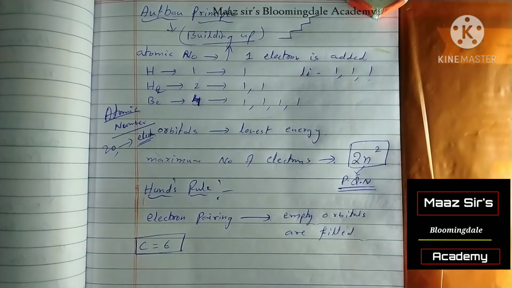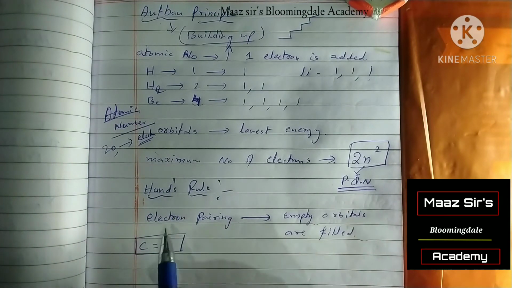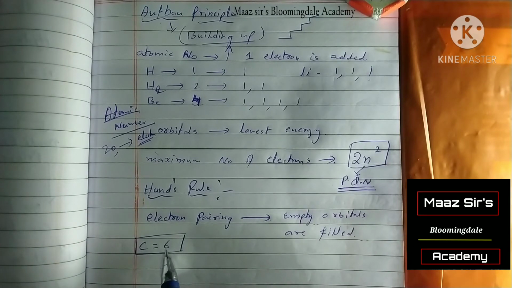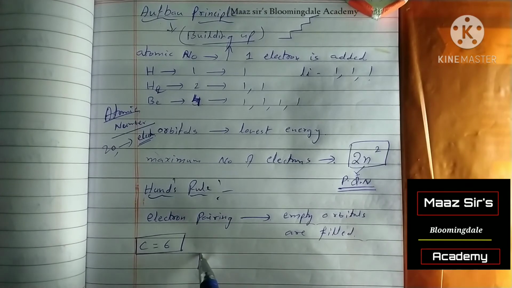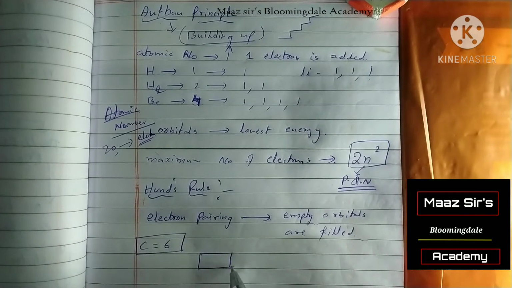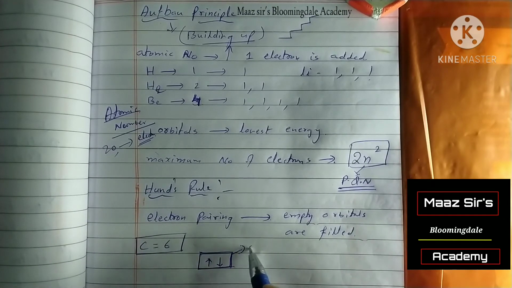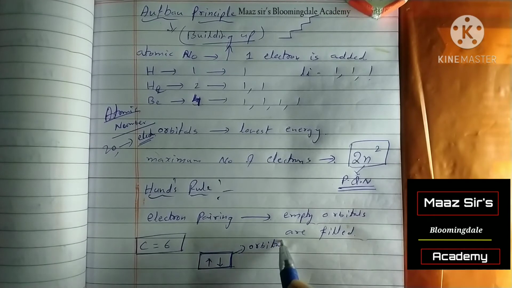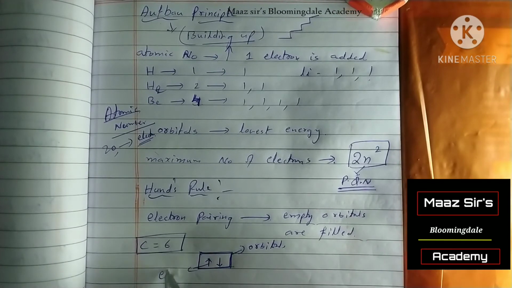Now let us see what this Hund's rule is with an example. I am taking C, the atomic number is 6. So I am arranging the electrons. Imagine that this box is an orbital and these are electrons.